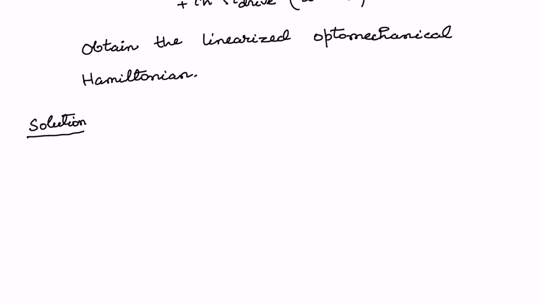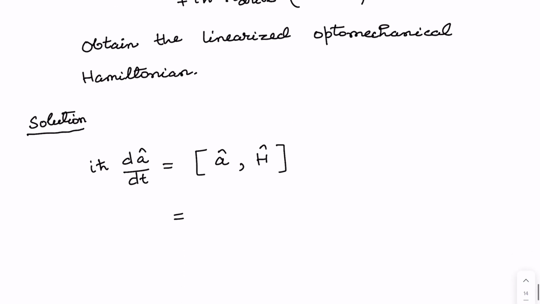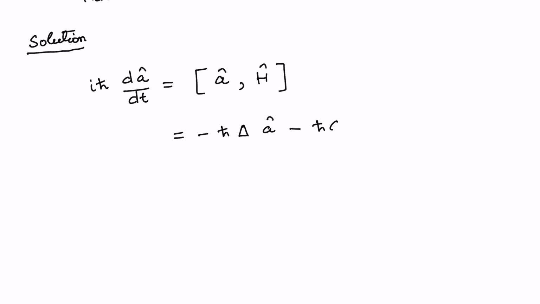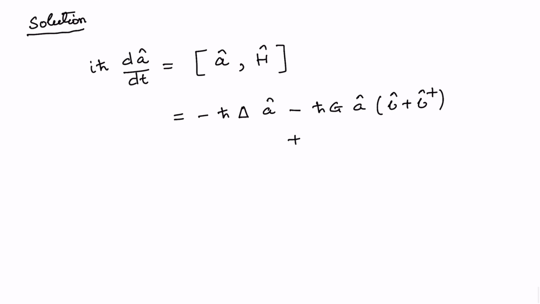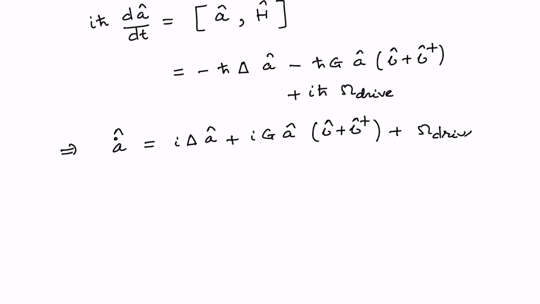For the optical mode a, the Heisenberg equation is i h bar da/dt equals the commutator of a and H. If I apply this to the given Hamiltonian, you are going to get minus h bar delta a, minus h bar z (b plus b dagger), and also plus i h bar omega_drive. This gives you a dot equals i delta a plus i z a (b plus b dagger) plus omega_drive. So this is one equation you will get.